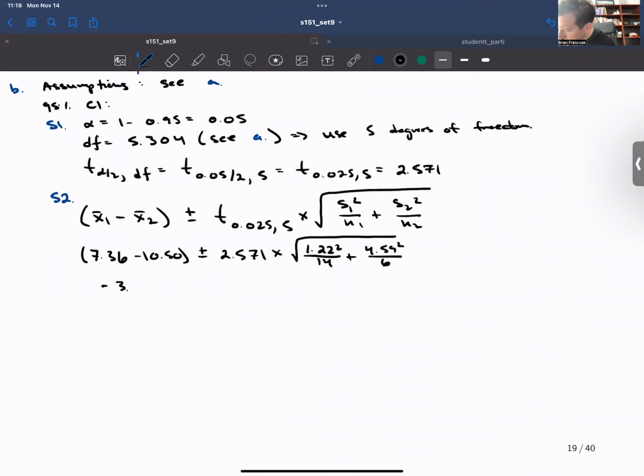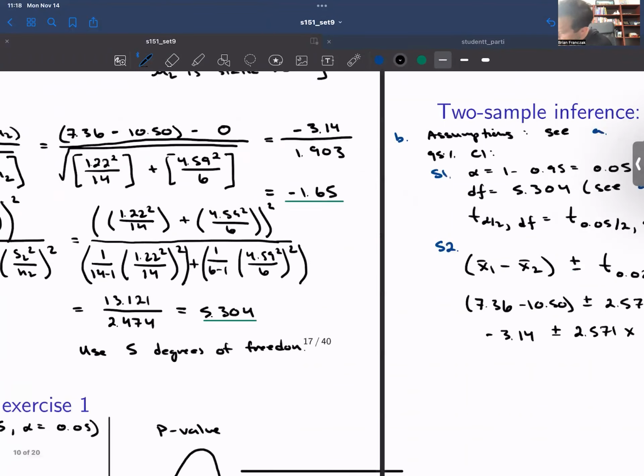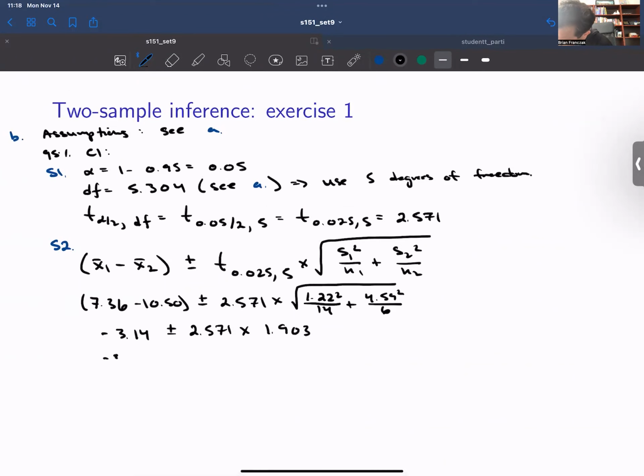So that's negative 3.14 plus or minus 2.571 times 1.903. So that's negative 3.14 plus or minus 4.893.